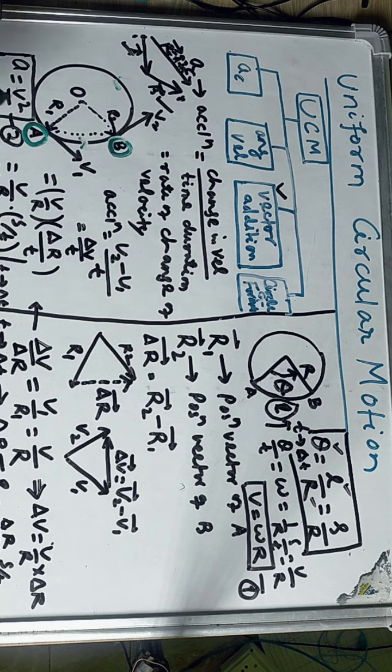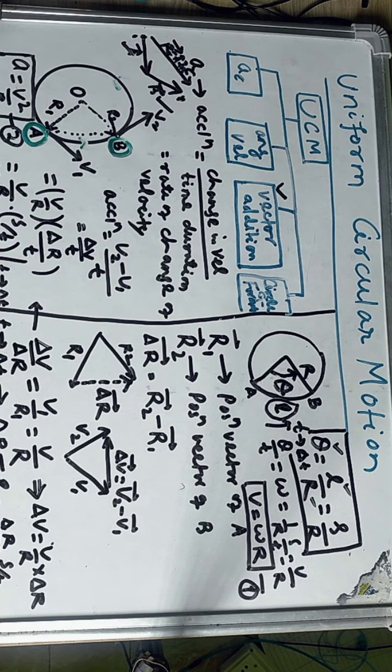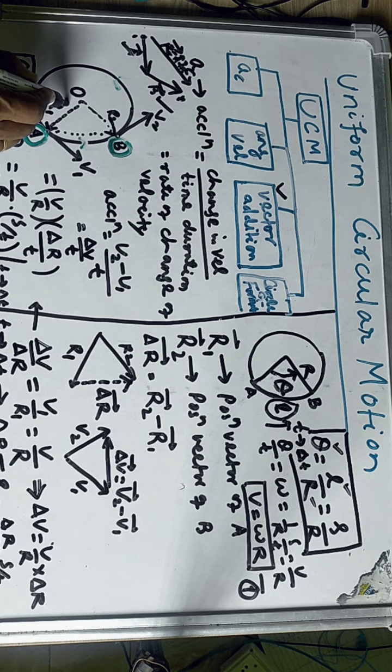Here, once the object moves from A to B, the position vector of point A is R1 and the position vector of point B is R2. What is R1?